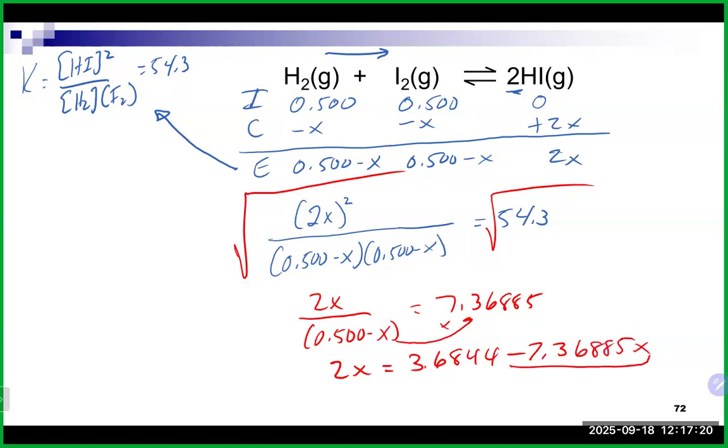I'm going to bring my x's to the same side, so I'm going to add that back to the other side. That will essentially give me 9.36885x is equal to 3.6844.